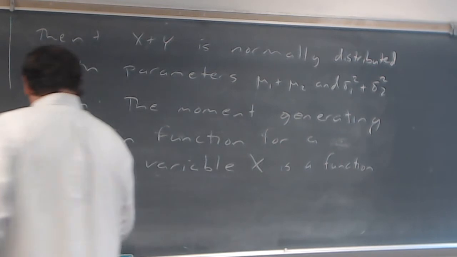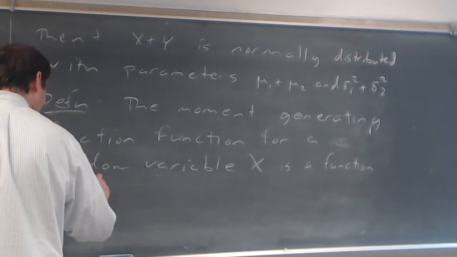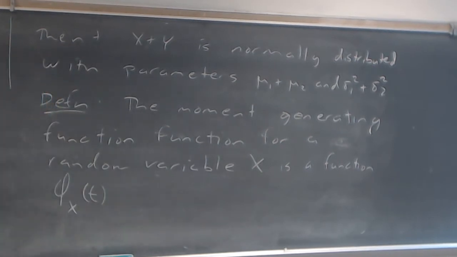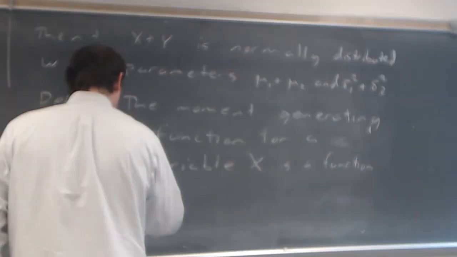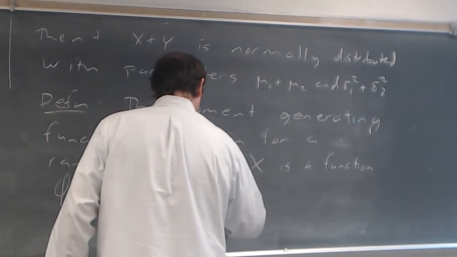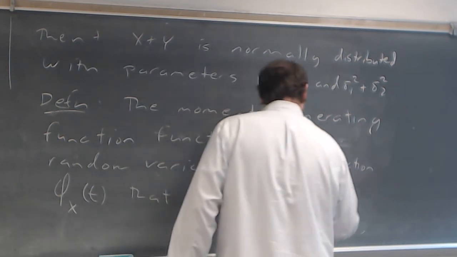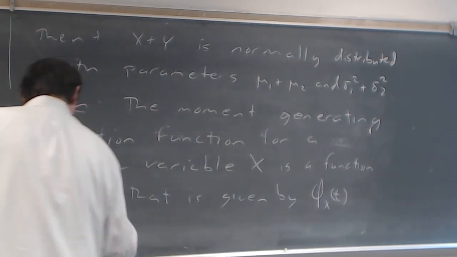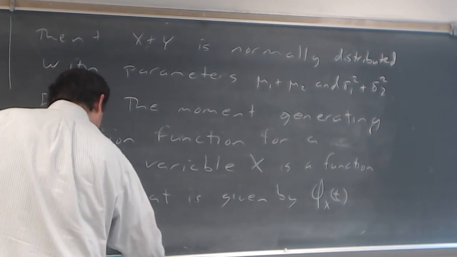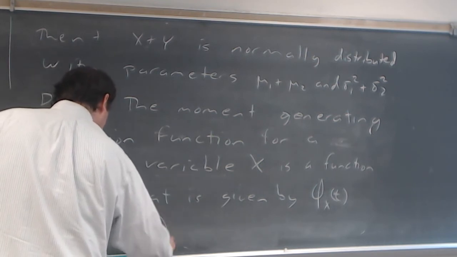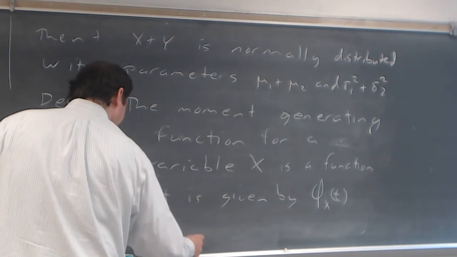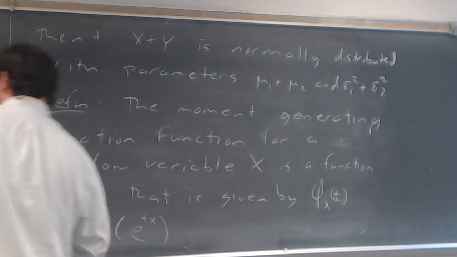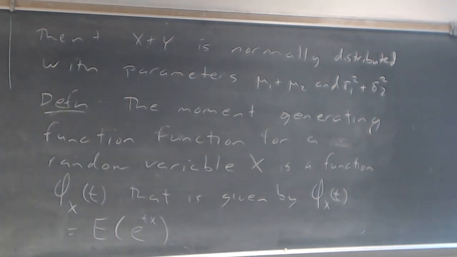Sometimes I'll label this phi sub X of t, that is given by phi sub X of t is equal to the expected value of e raised to the tX. Okay, and that I'll expand upon depending upon whether X is discrete or continuous.